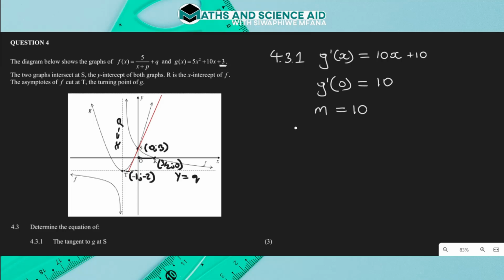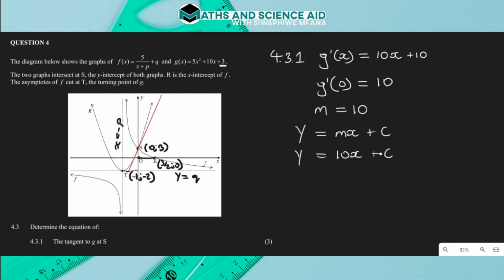And we know that the equation of a line is given by y is equal to mx plus c. And we now know that m is equal to 10 here. So in order to determine this equation, what we are left with is the constant c. But guess what?